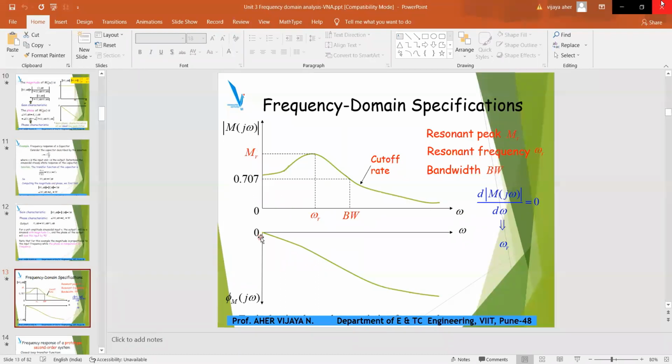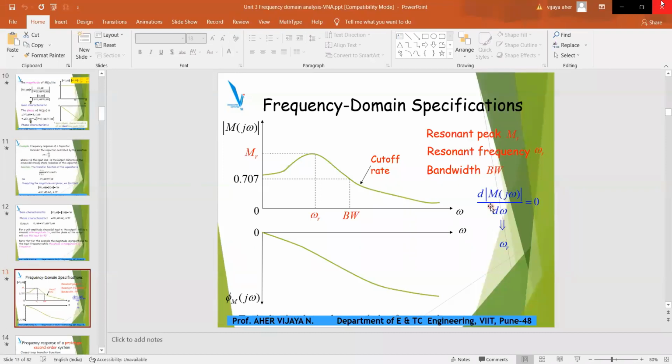Here also in the phase plot, we have taken frequency ω on the x-axis, and on the y-axis, on the negative side, we have taken phase. So this is the magnitude response of the given example, and this is the phase response of the given example.